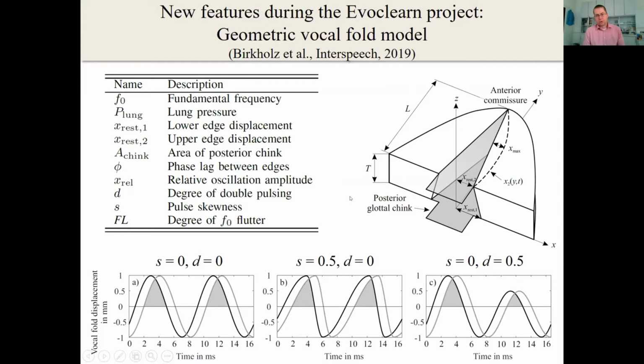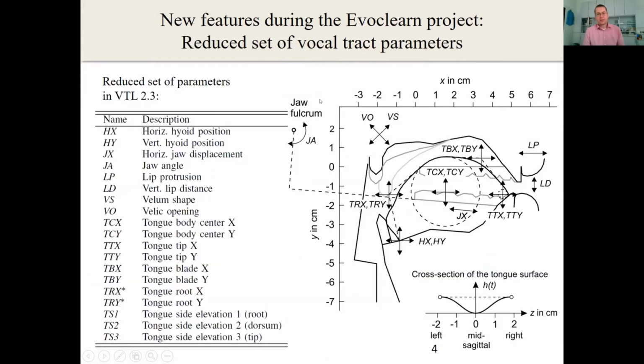Okay, so this is one of the models that has been included, and the other one is the vocal tract model, where I could reduce the number of parameters from 22 or 23, I think, to 19. Of these 19 parameters, 2 can be derived from the others.